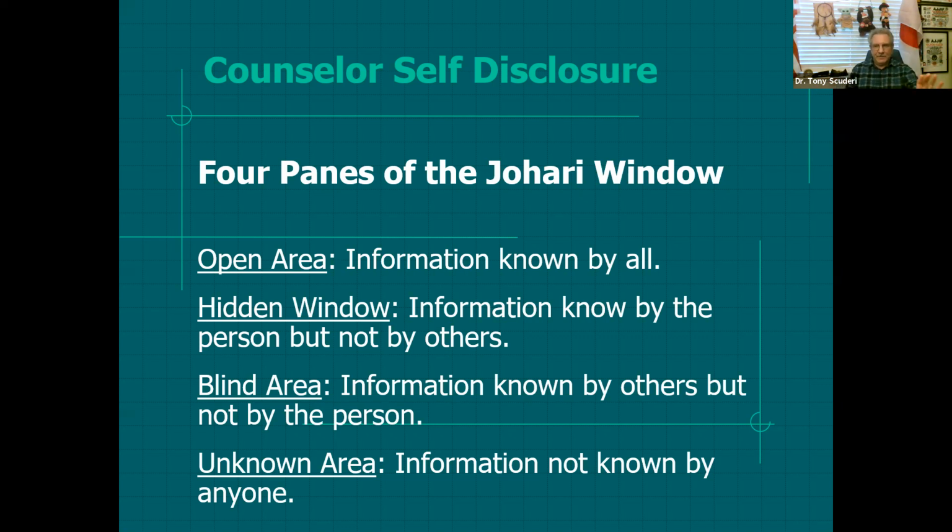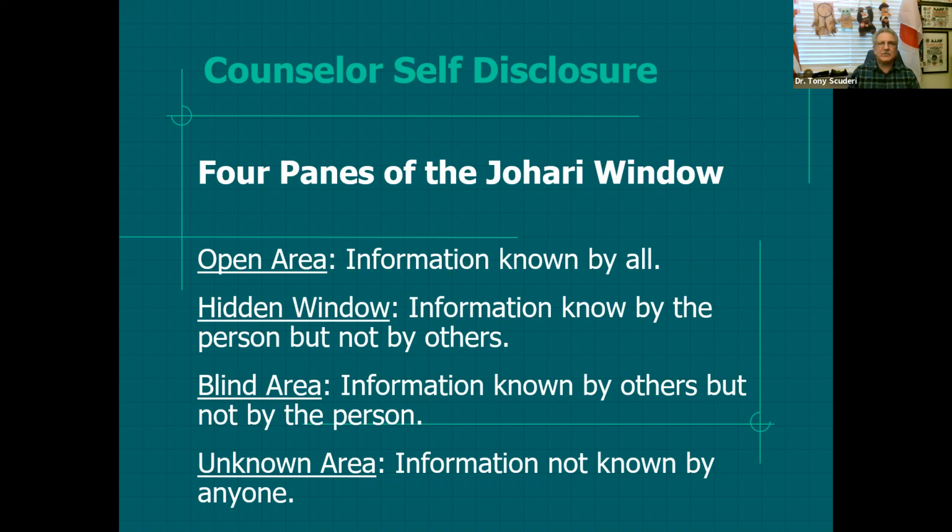The third area on the bottom is your blind area. The blind area is for information that's known by others, but not by you. This is stuff that's called an unconscious projection. These are things that you have inside you, but since they're inside you, other people will see these, and you won't.